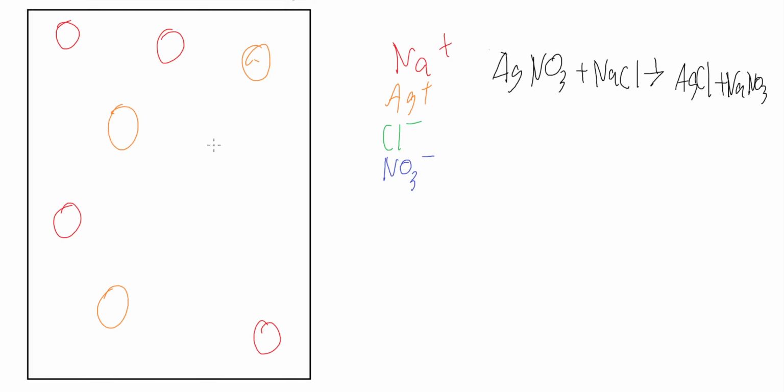Chloride has 4, and I'm going to draw this in a special way, sort of like that. And nitrate will also have 4: 1, 2, 3, 4.